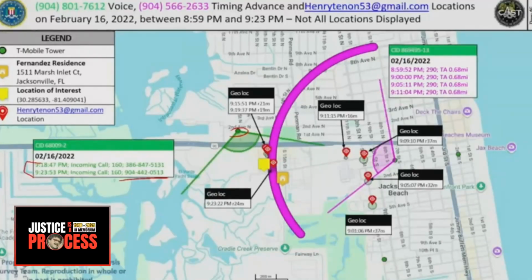And the Henry Tenon 53 Gmail is moving into this area from the south during this time frame, starting at 9:01 near the 5th Avenue and 9th sign, and moving north and then west towards these locations at 9:15, 9:19, and then ultimately 9:23, which is on top of the timing advance band at 9:23. So well within the coverage area for the tower and sector used by 7612.